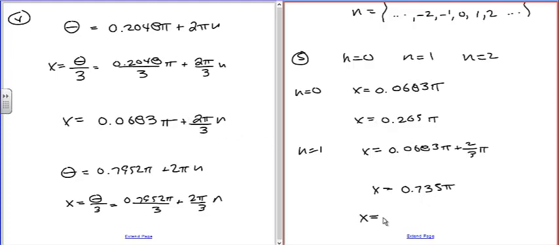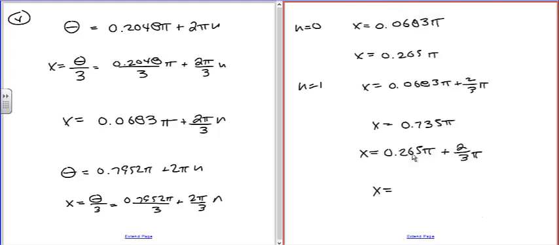The next one you take this second one, 0.265 pi plus 2/3 pi. So it's 0.265 plus 0.6666. So you get 0.932 pi.